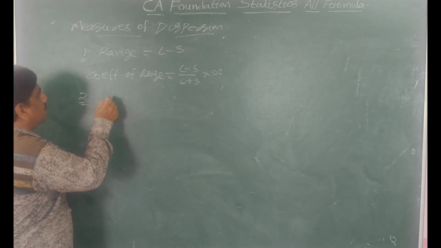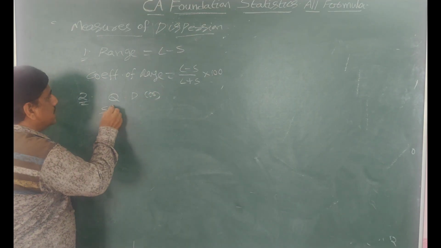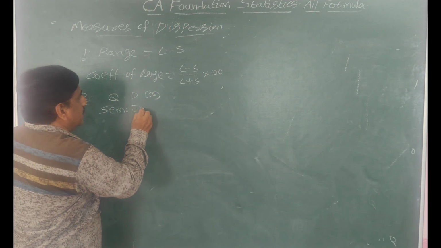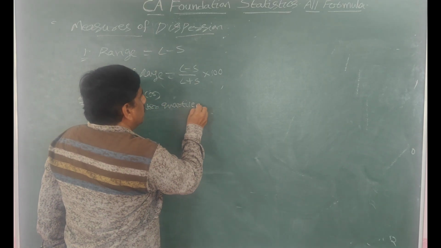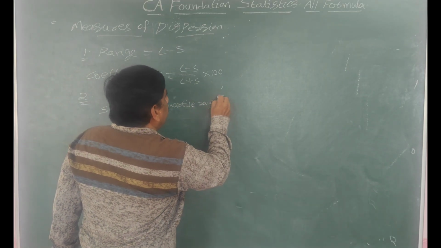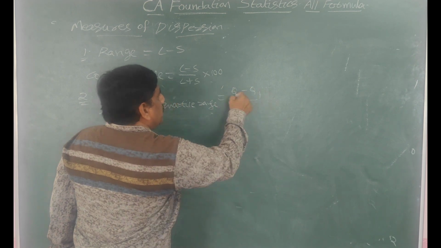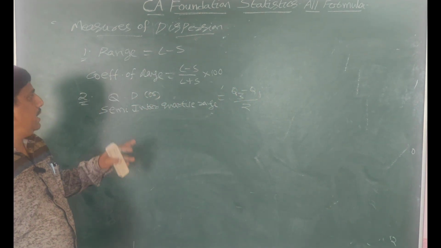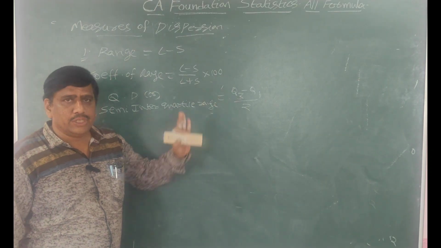The second measure of dispersion is quartile deviation, also known as semi-interquartile range. The formula is Q3 minus Q1 by 2. Interquartile range is Q3 minus Q1, and semi-interquartile range means divided by 2.